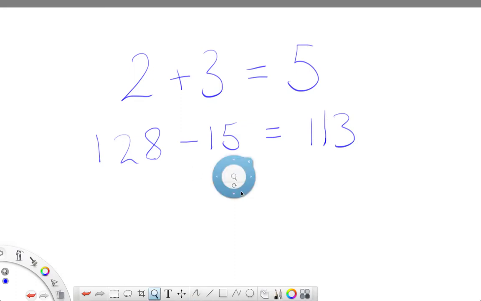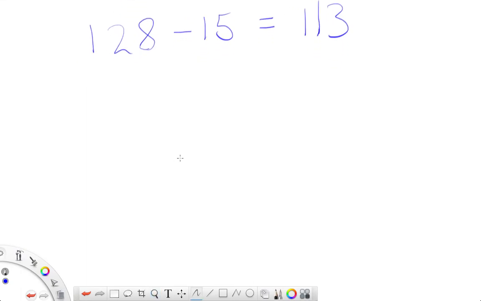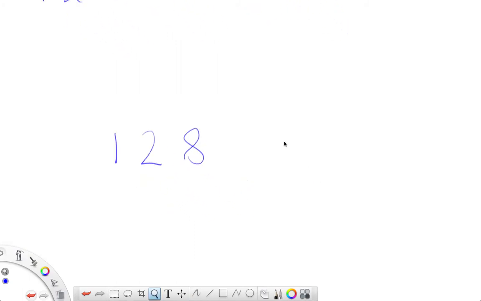Now if I take this top one, 128 minus 15 is 113, let's look at what this means. Why do we write it in this way? Why not write it in Roman numerals? We could do that. What this is, you have to remember back to primary school.